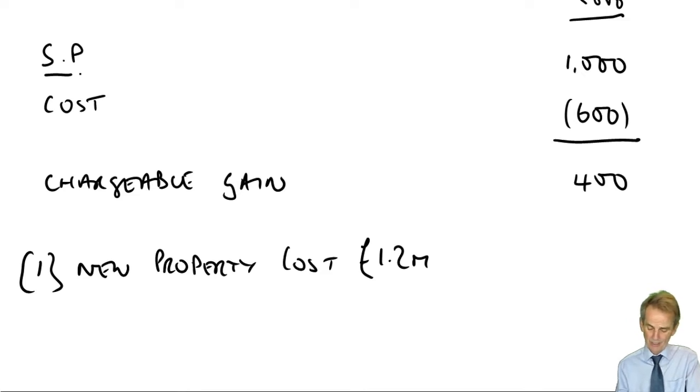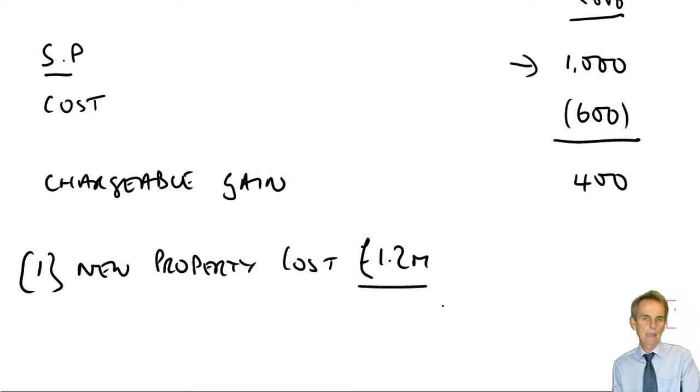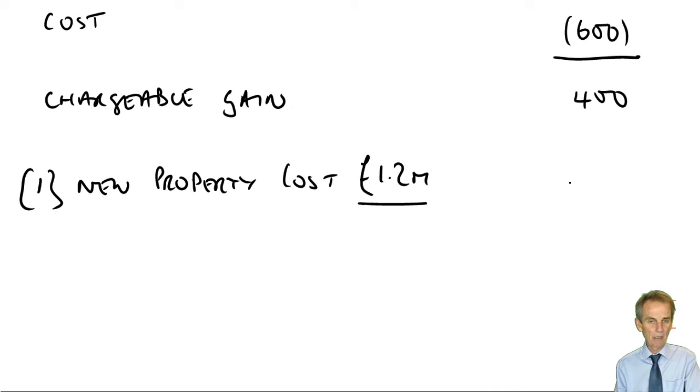What we also see is, having sold for 1 million, we bought for 1.2 million. What does that mean? It means that full reinvestment of the proceeds equals full rollover. Full rollover means all of that chargeable gain of £400,000 would be deferred.